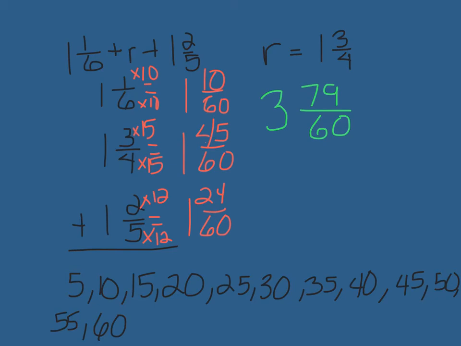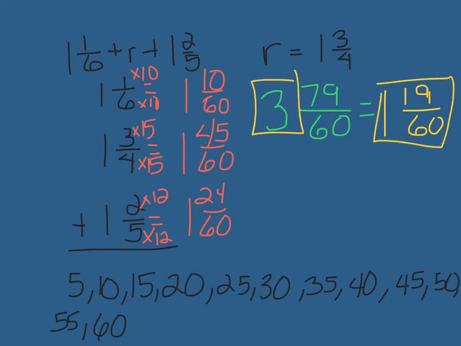Well, I know 60 goes into 79 one whole time. So I'm going to do this for my fraction, equals 1 whole. And then I have 19 left over 60. So I need to add this fraction to my whole number. So 3 plus 1 equals 4. And my fraction stays the same, 19/60ths.